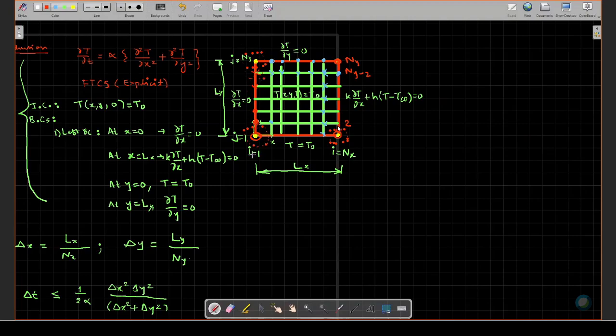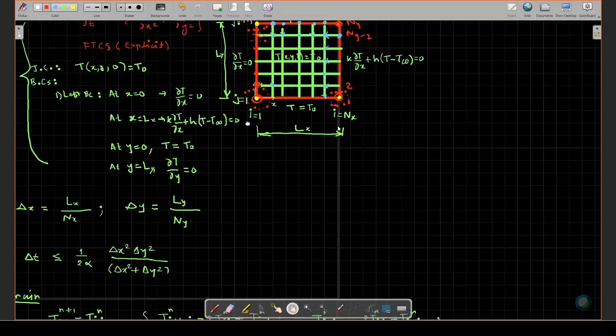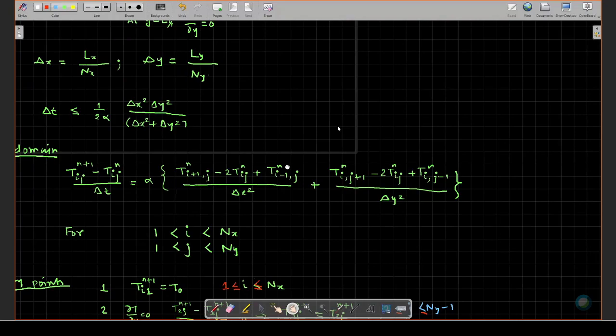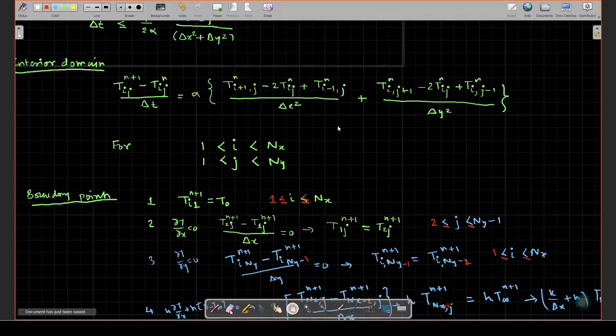So now it is starting from i 1 to nx, j 1 to ny. So simply we have to look at that and go ahead. For interior points, I'll also remove the ambiguity here which is present, which might lead to confusion.